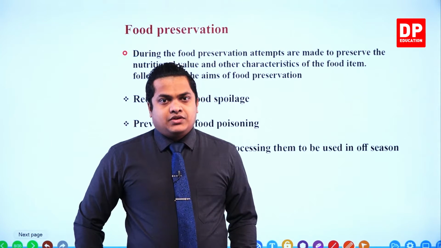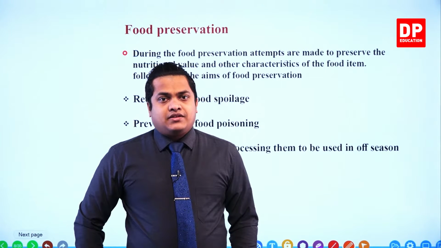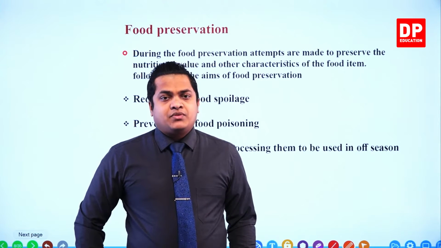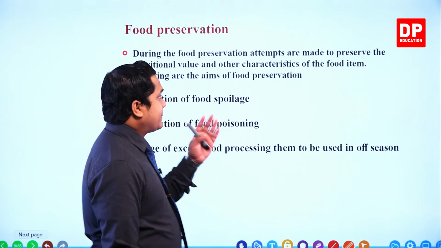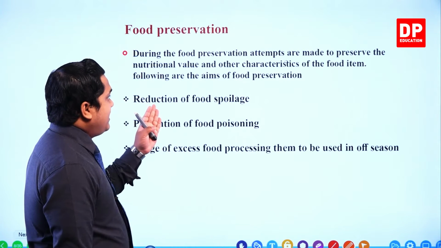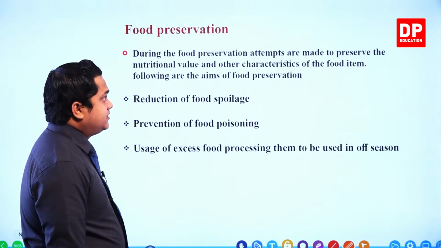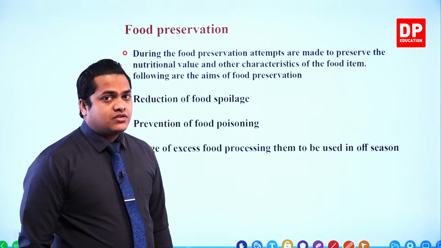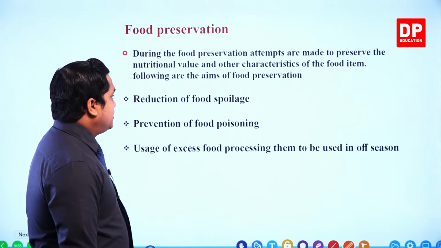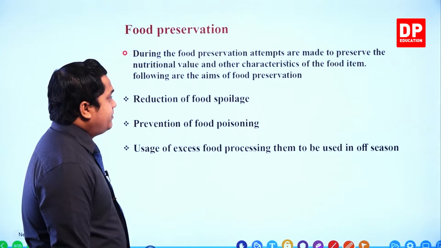Then the other factors are what? Their appearance, their taste, and those factors should also be there, at least up to a certain level. So the nutritional value and other characteristics of the food item should be preserved. Following are the aims of food preservation.